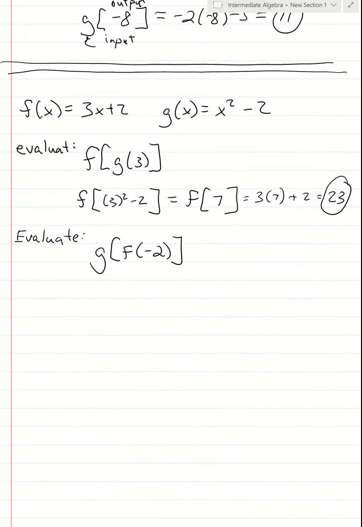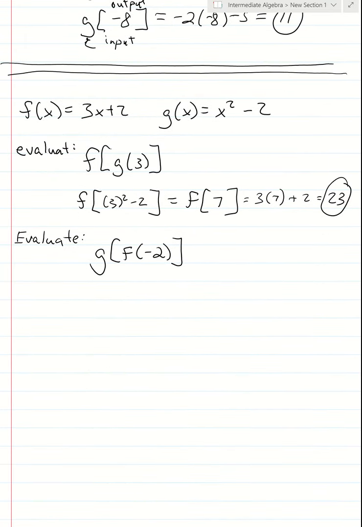Well, if we were to evaluate this, we're going to start with evaluating the function f. And according to the function f, I have to do 3 times my input, -2, plus 2 more. And when we simplify this, that in fact would give us a -4.